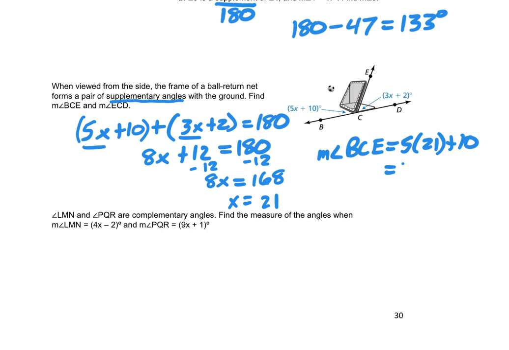Okay, 115. And then we want to find the measure of angle ECD, which is 3x plus 2. So here we're going to go 3 times 21 plus 2. 65 degrees.